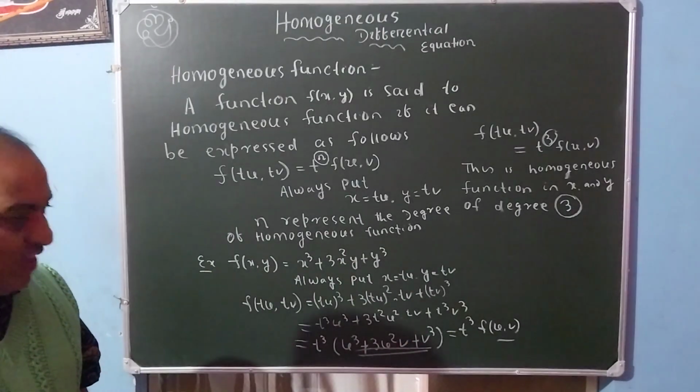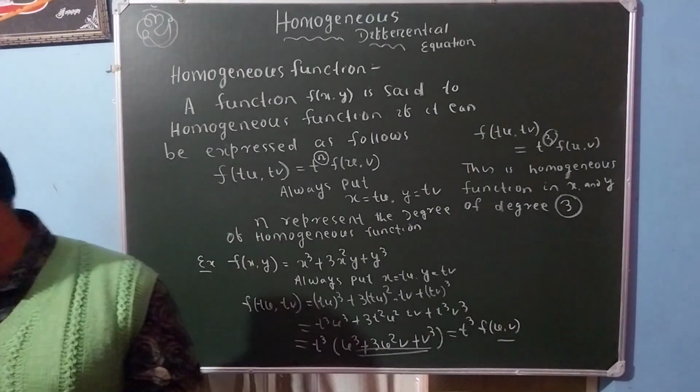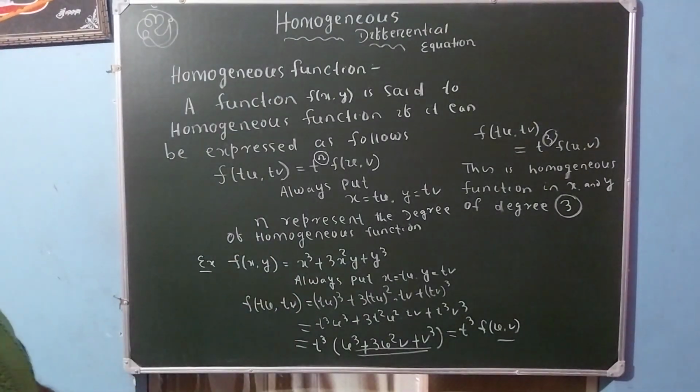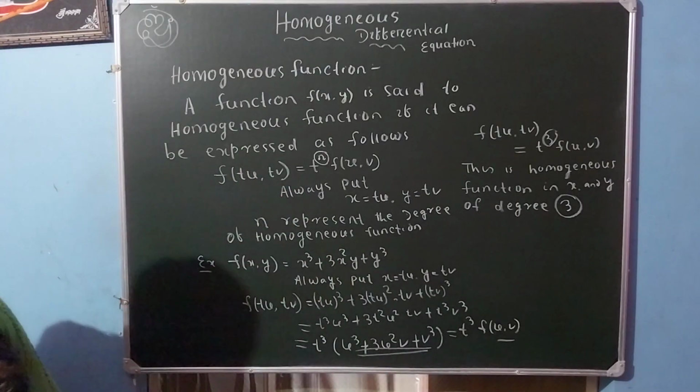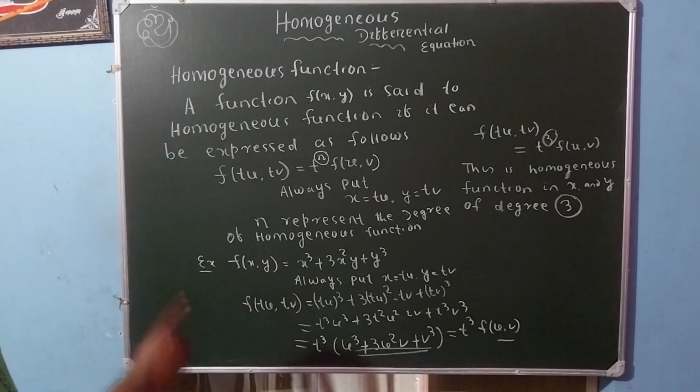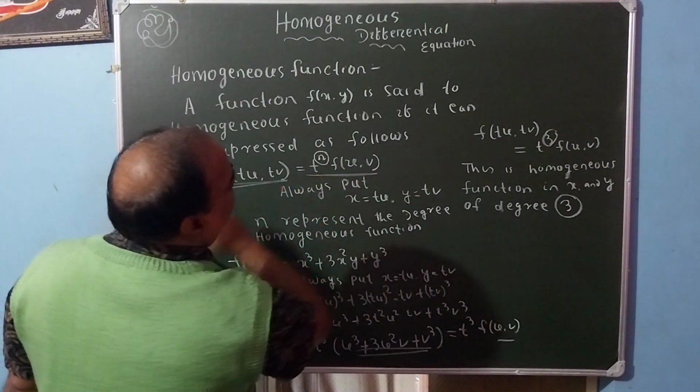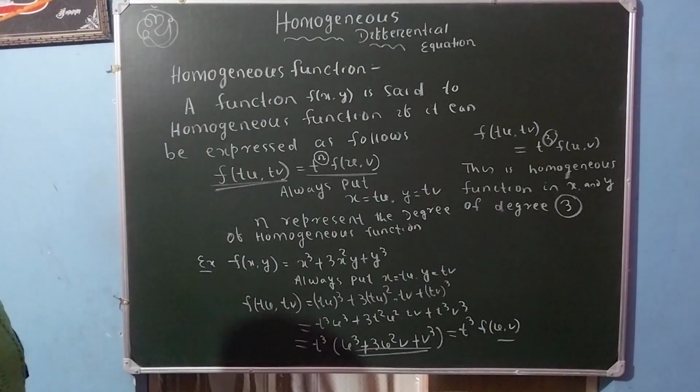Homogeneous function you have to learn in this manner. A function f(x, y) is said to be homogeneous in x and y of degree n if it can be expressed as follows: f(tu, tv) = t^n f(u, v). Always put x = tu, y = tv.